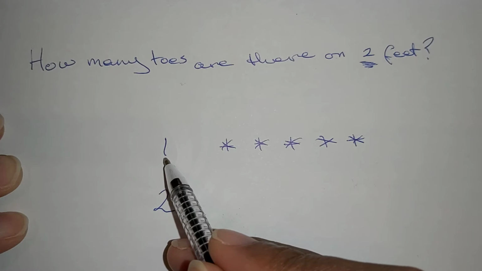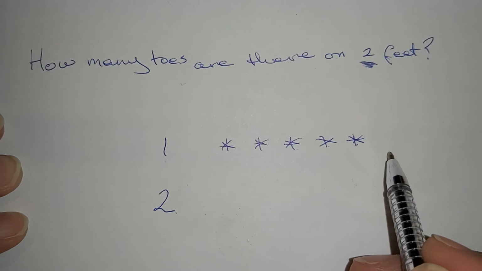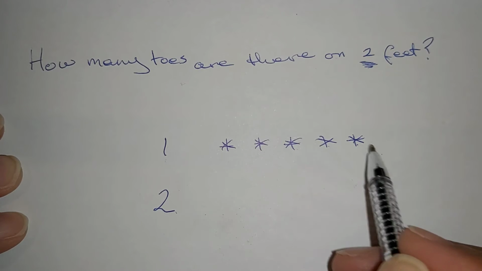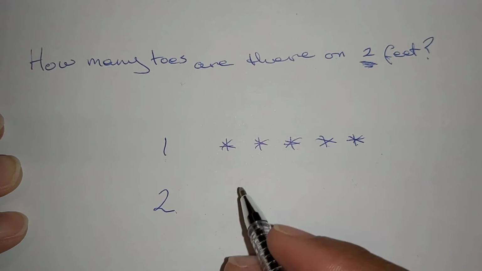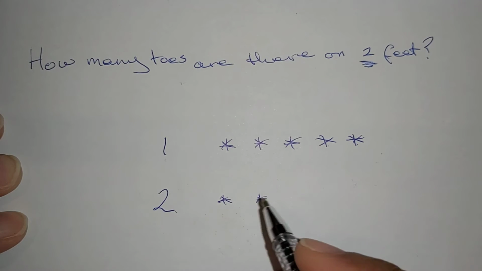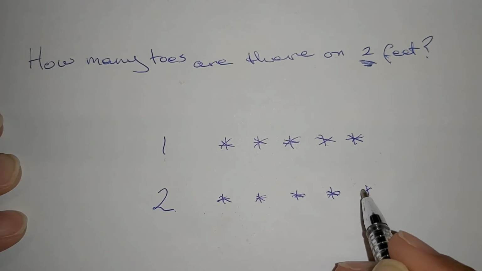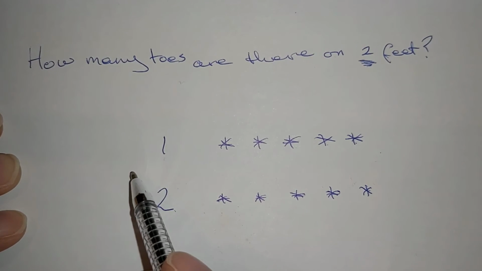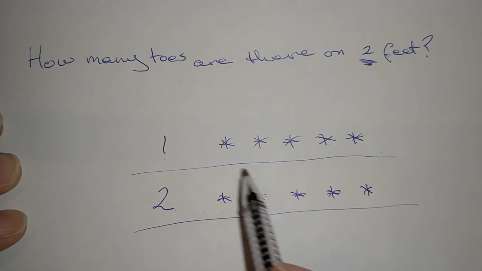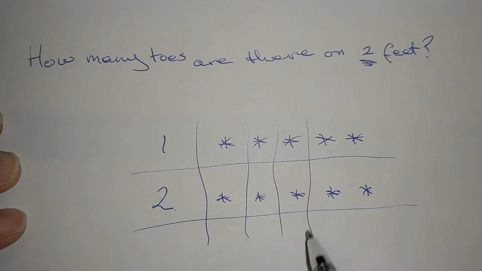This is my 1 foot, and these are the 5 toes, or something to represent the 5 toes. And since there are 2 feet, I got to do it again. 1, 2, 3, 4, 5 again. So my 2 feet have 5 toes each.